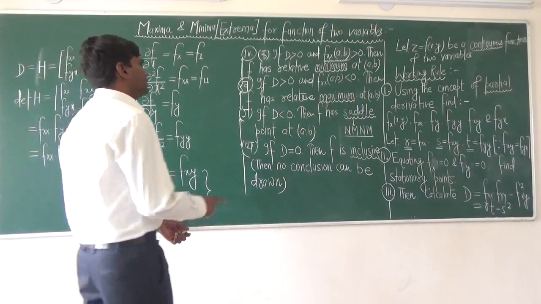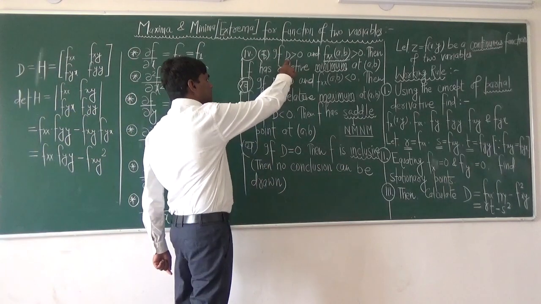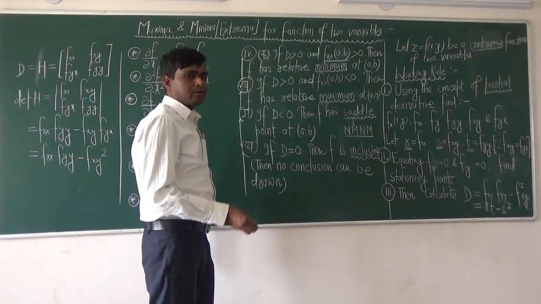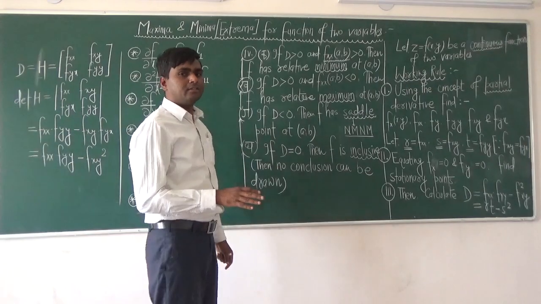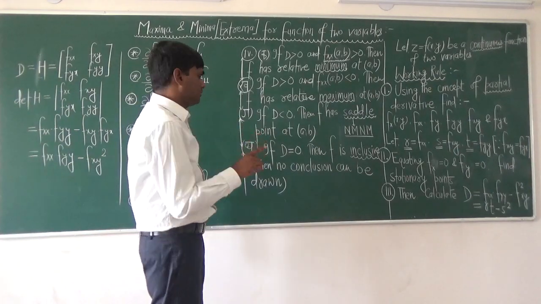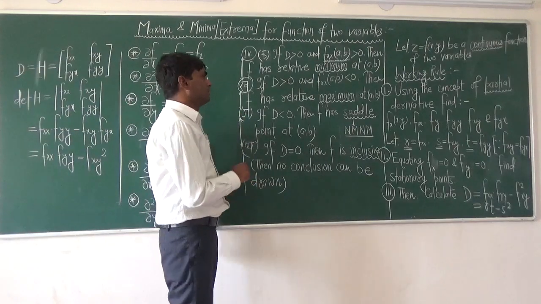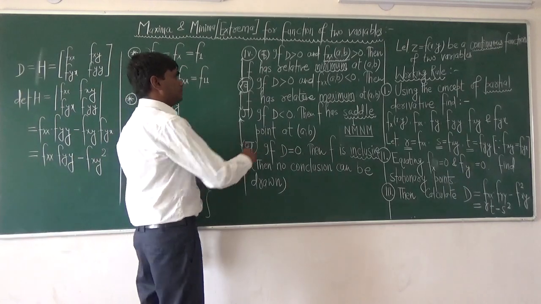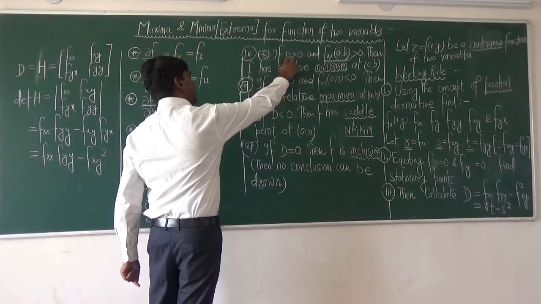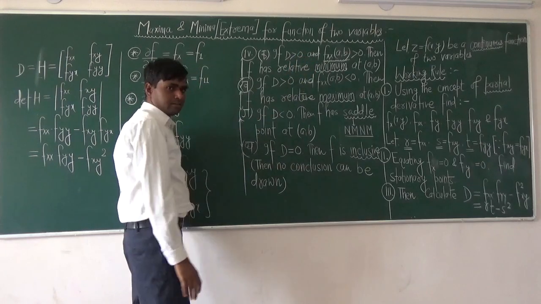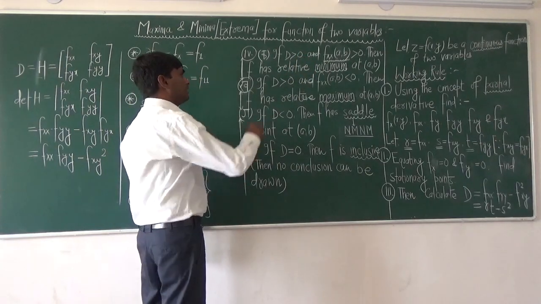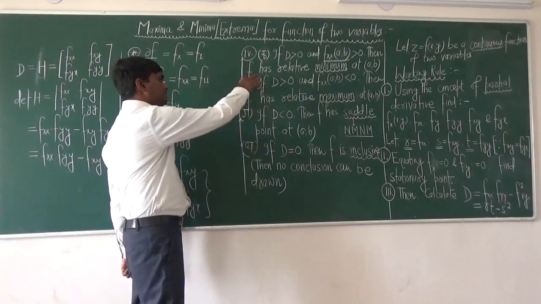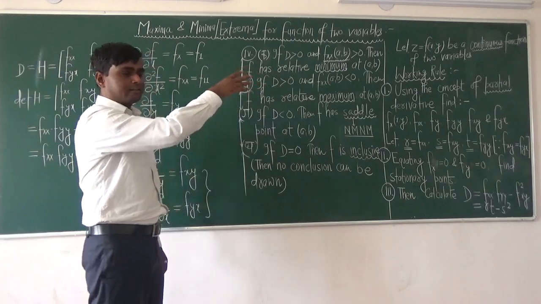If we calculate only d and then decide relative minima, relative maxima or saddle point, it is not correct. To decide, calculate d as well as fxx at that point, and if both are greater than 0, then the given function has a relative minimum at that point.